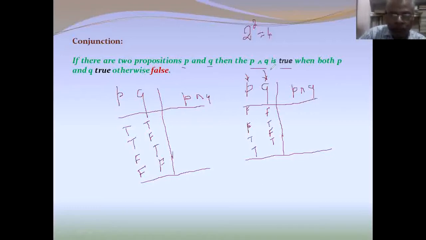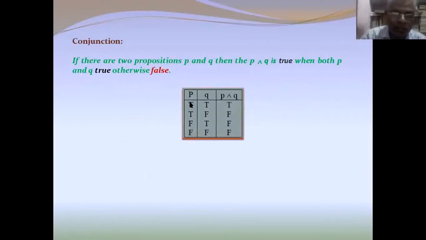When both are true, it is shown here, so it is true. At all other places we put false. Similarly, if you write in this way, then both values are true in the first row, so it is true, and in all other cases it is false. Finally, its truth table is shown here.